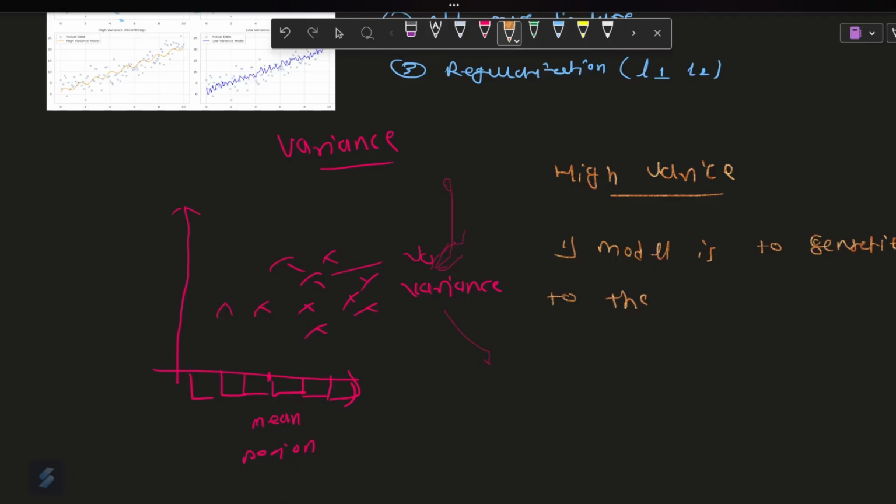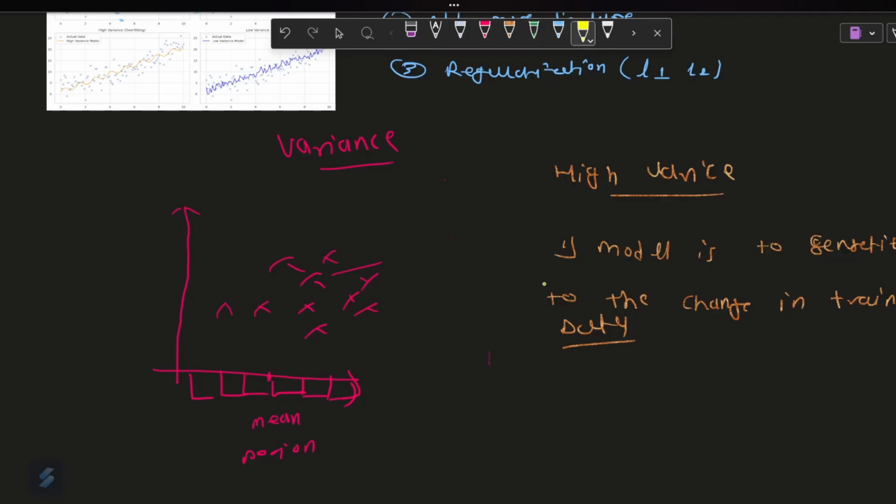The model is too sensitive to the training data. What does it mean?